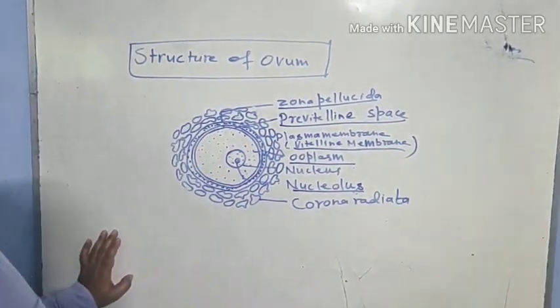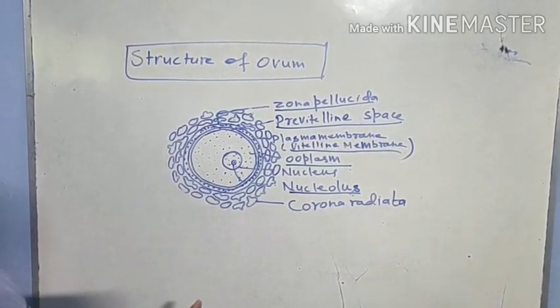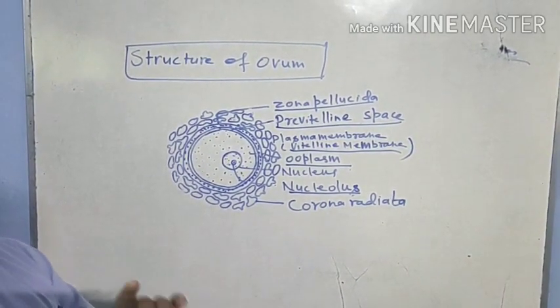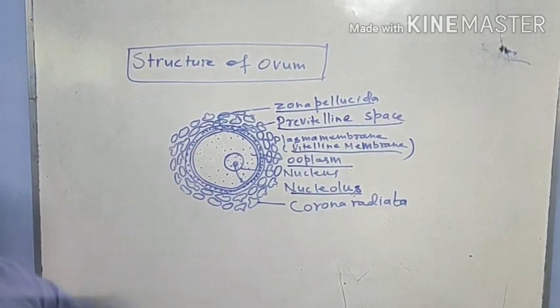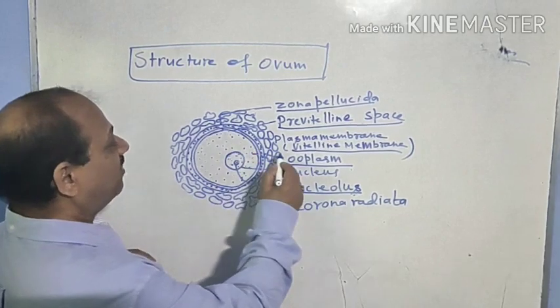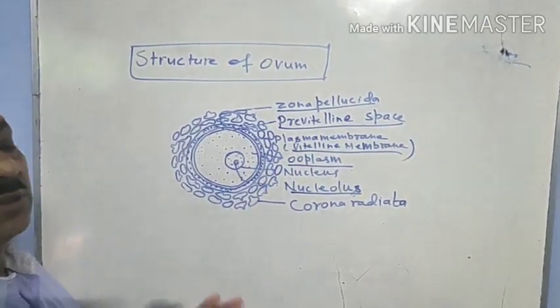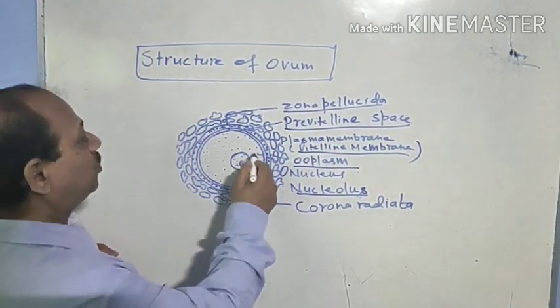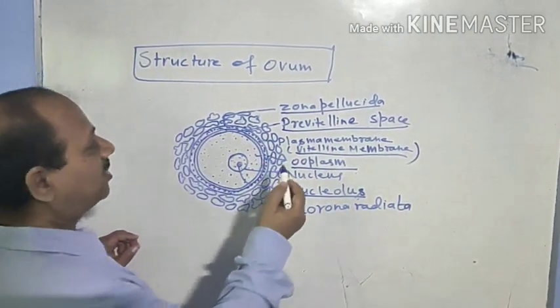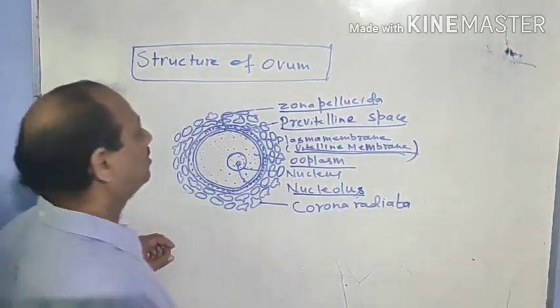What is previtelline space? It is the space present between the zona pellucida and plasma membrane, and the surrounding surface of plasma membrane, which remains in contact with ooplasm or cytoplasm, is known as vitelline membrane.